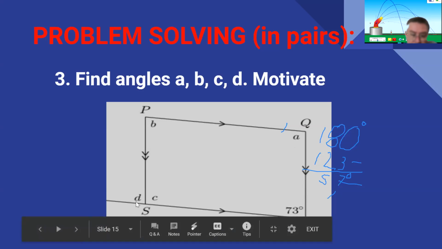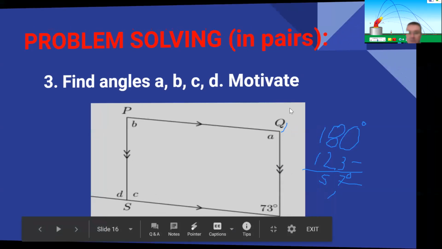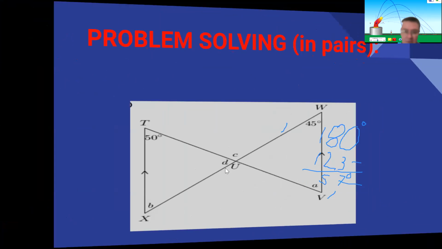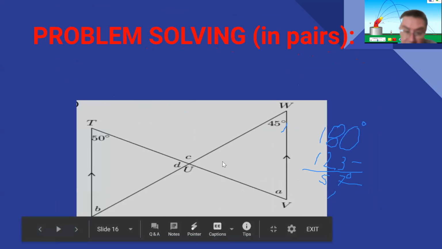Work that out, and that one also 180 minus that one, or you can just say 73 and 73, and you've got your answer.